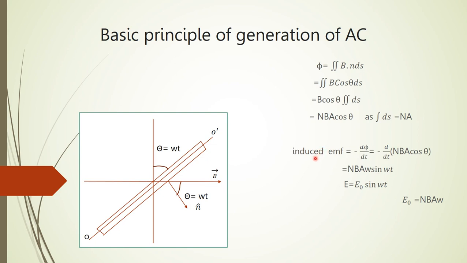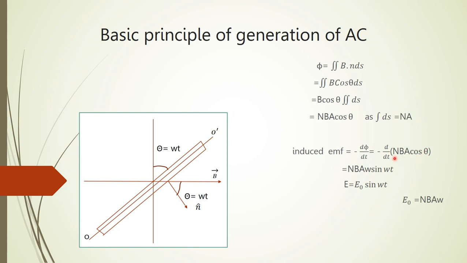According to Faraday's law, induced EMF is equal to the negative rate of change of flux, that is minus d phi by dt, which is minus d by dt of NBA cos theta, with theta equal to omega t.